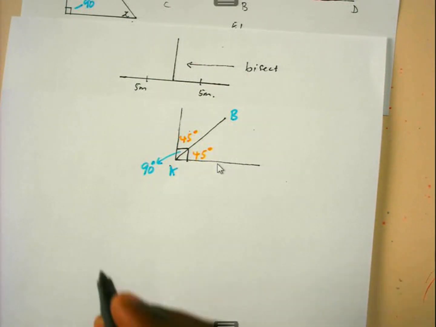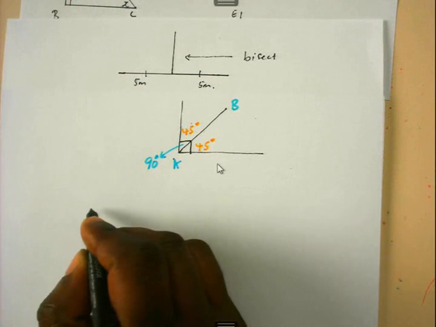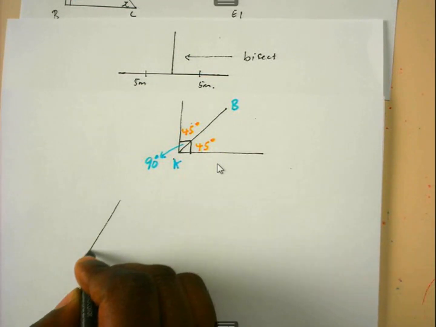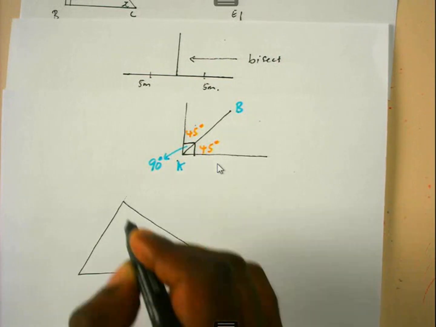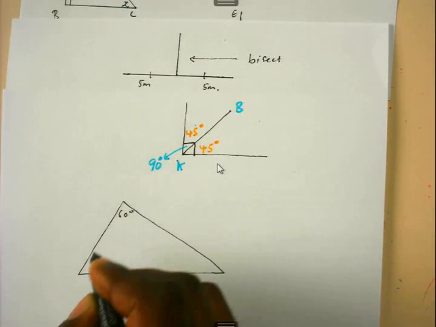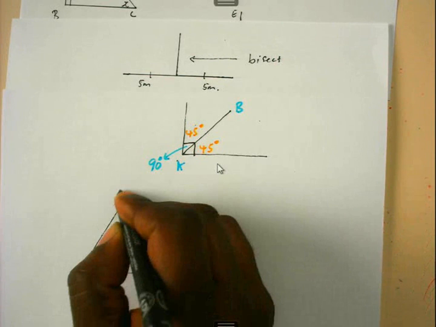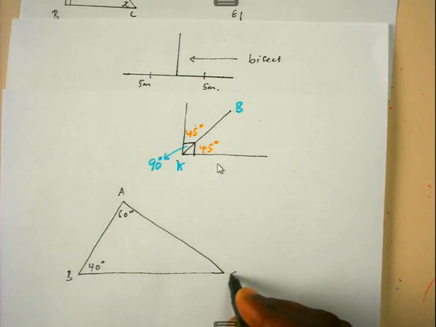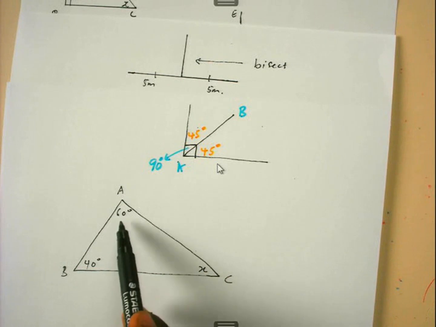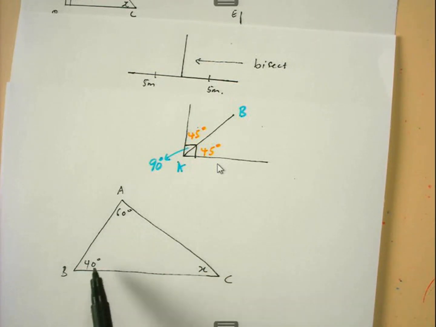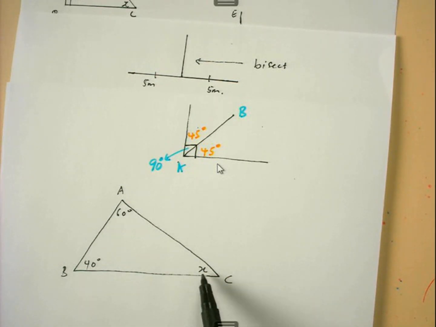I want to quickly talk about a triangle. We have already mentioned something about a triangle. If we have a triangle like this, I'll write it here 60 degrees, and we have 40 degrees. Triangle A, B, C. In a triangle like this, where we know that this angle is 60 degrees and this other angle is 40 degrees, and we don't know how much this other angle here is, we go this way.